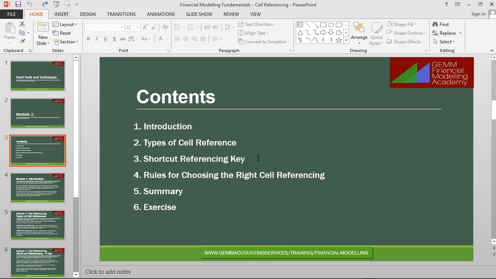Then the third rule would be that if when you copy a formula into other cells anywhere in your model, you do not want the column letter and the row number of the cell reference to change, then that cell address should use absolute reference. To look at it another way, if the value of a variable would come from one particular cell throughout your model, then you should use absolute reference for its cell address.